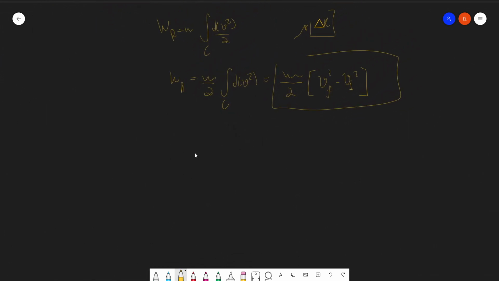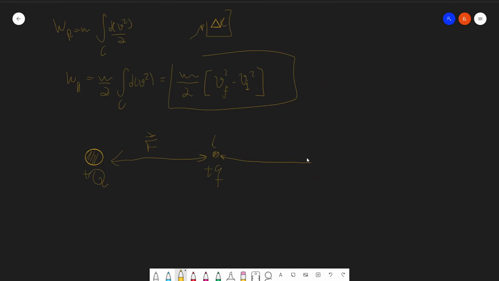So let's say you have a charge here, plus Q. And it generates a force on a small q particle over here with a different charge. It's also positive, right? And then you want to take this to infinity. Very far away, like extremely far away.